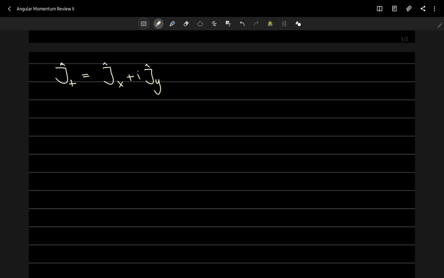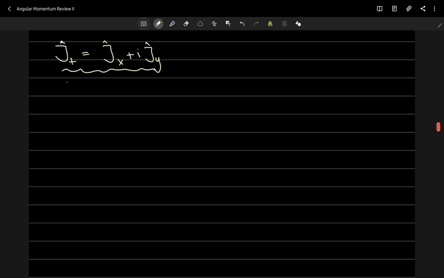You could think of these as your L when writing these expressions; the expressions are the same, just that we are now talking about the total angular momentum with J. And for the ladder operator J minus, we have Jx minus i Jy.